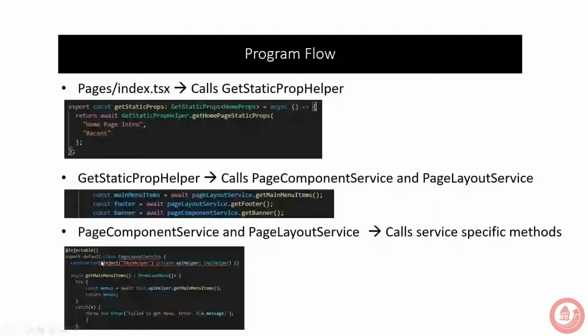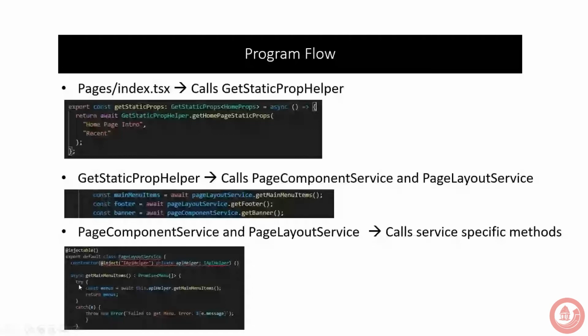The page layout service has an injector, and it looks for the API helper, and whatever API helper is registered, it will pick up that API helper, and then using that API helper, it will get the data. So in this case, API helper dot get menu items. If it is a JSON server, it will go to JSON server. If it is Experience Edge, it will go to Experience Edge.